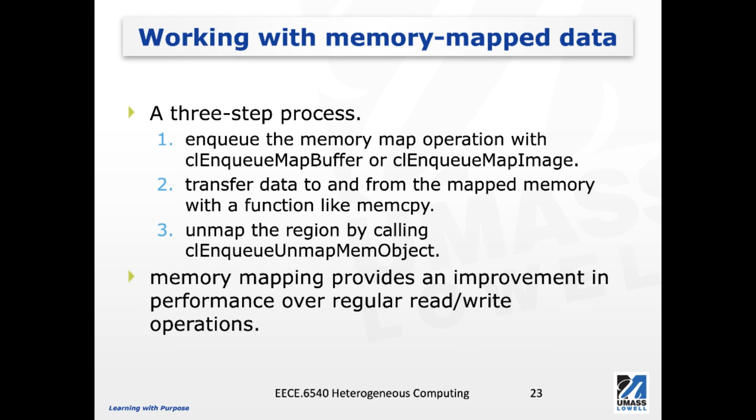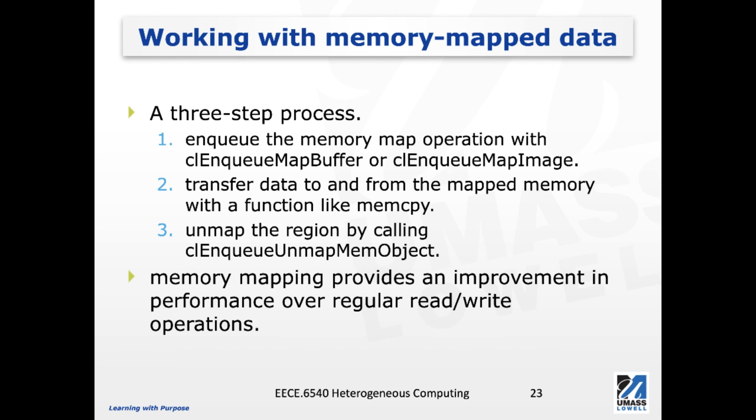To work with memory mapped data, it takes three steps. First, we enqueue the memory map operation using either map buffer or map image. Then you can perform data transfer from or to the mapped region using a function like memcpy.